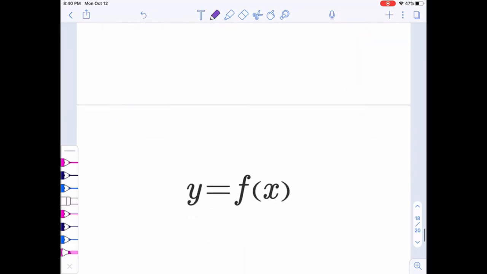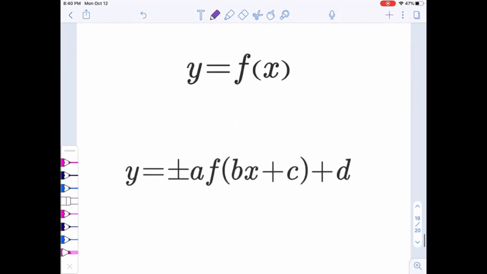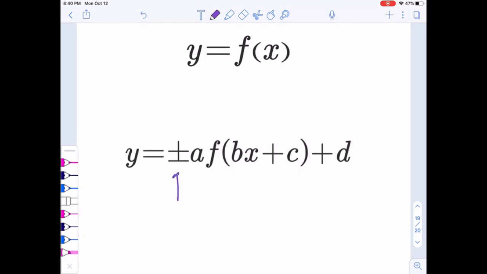Now, if you're still with me, I'm going to give you one more little piece of advice. Our regular y is equal to f of x changed into y is equal to, here's a bunch of crazy pieces for you. All right, in the very beginning, if you have a negative, then it is going to reflect over the x-axis.